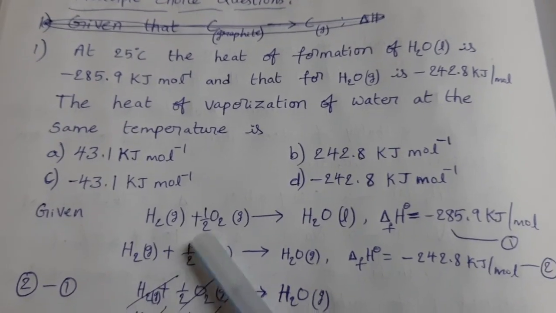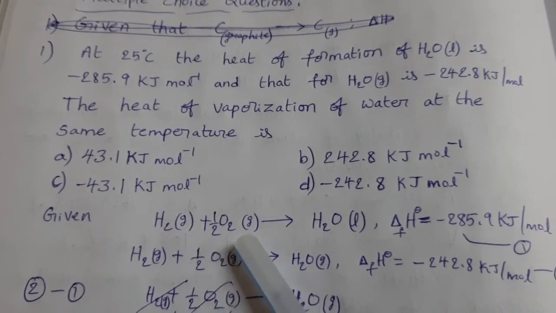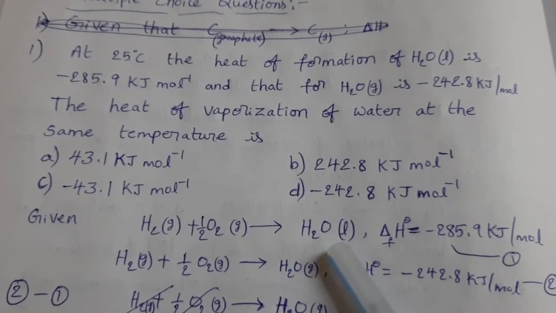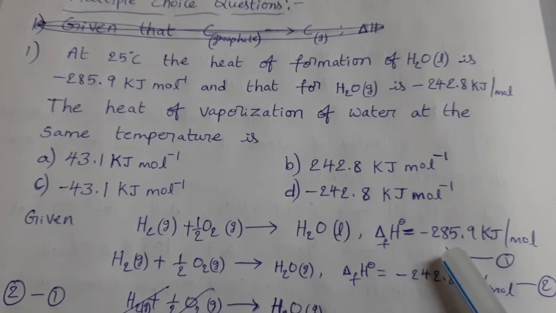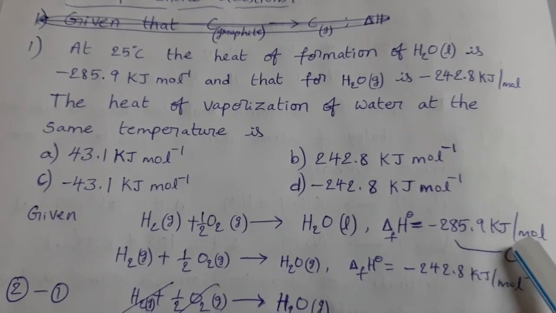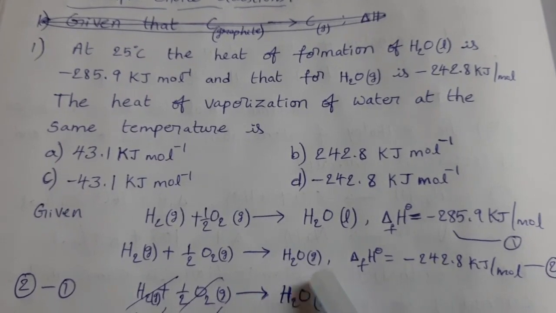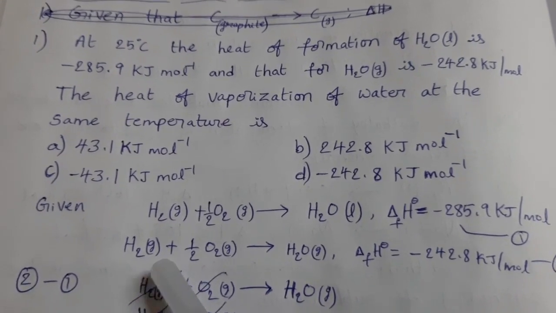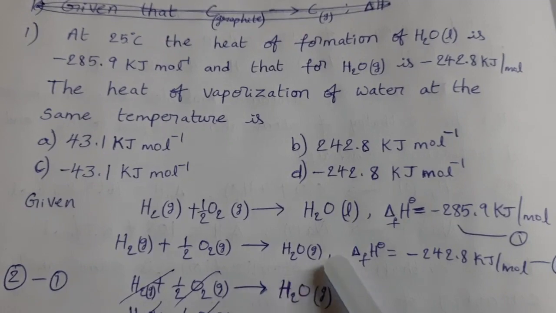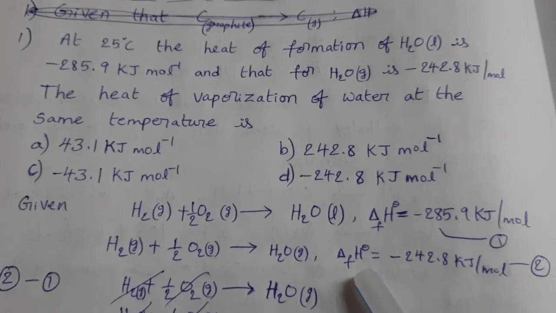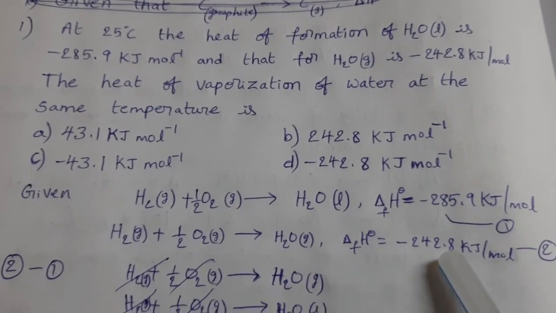For this the equation is H2 plus half O2 gives rise to H2O liquid. Delta f H naught equal to minus 285.9 kilojoule per mole. And the H2O gas formation equation is H2 plus half O2 gives rise to H2O gas. Delta f H naught equal to this value.